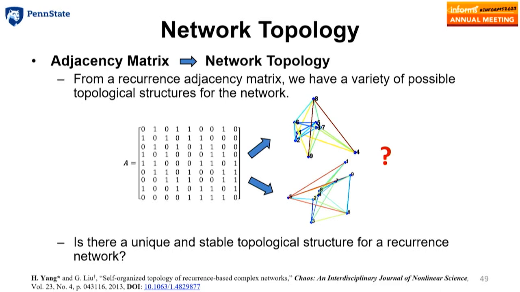If we get the recurrence network, for example, you have a time series, and if you have one window, you can derive the network. Next window, you can get another network, and this is another way to capture the behavior, because the data is from a system.